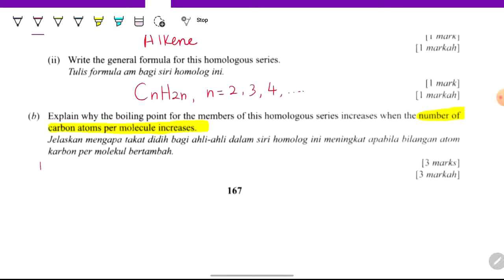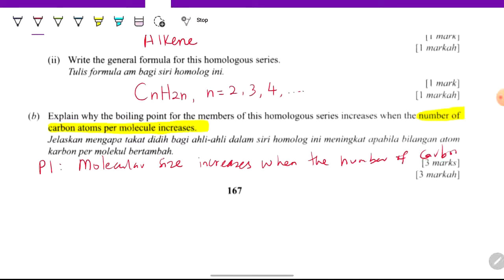So point number 1, you can mention the molecular size increases when the number of carbon atoms per molecule increases. Okay. If the molecular size increases, what will happen?